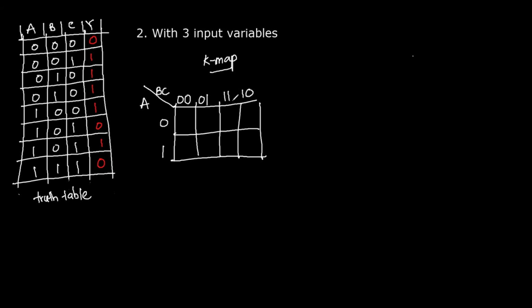In this case, I just want to mention why 1 1, that is basically 3, comes before 2. This is actually not just binary, but this is Gray code. In Gray code, we know that one bit changes at one time. From 0 to 1, you see that the first bit is the only bit that has changed and no other bit has changed.